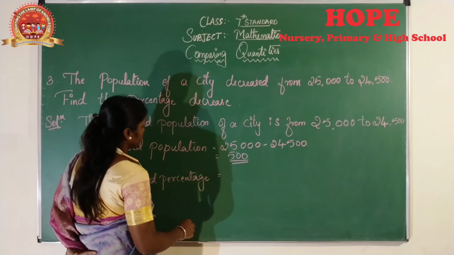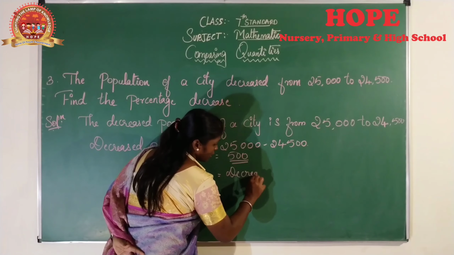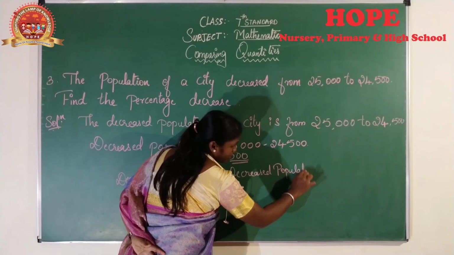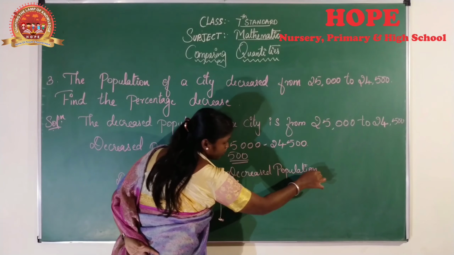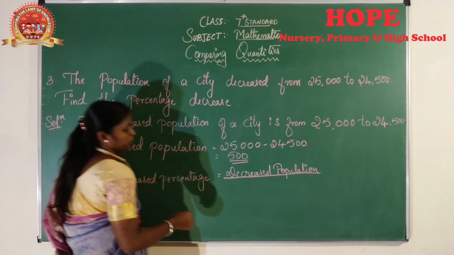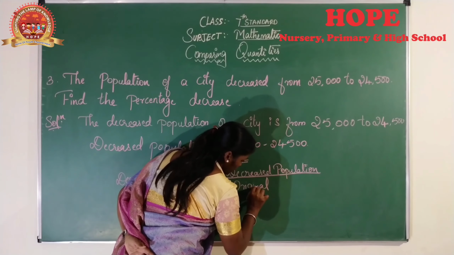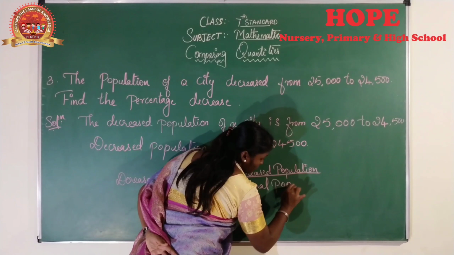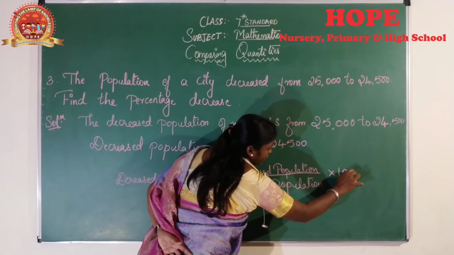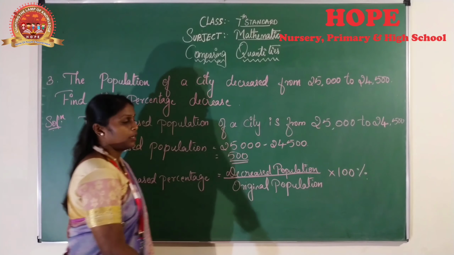To calculate decreased percentage, the decreased population divided by the original population into 100.